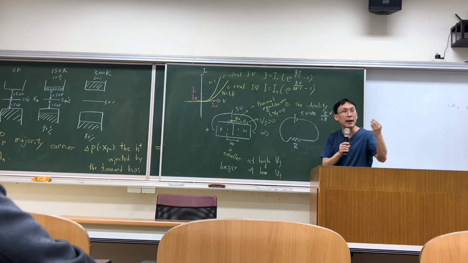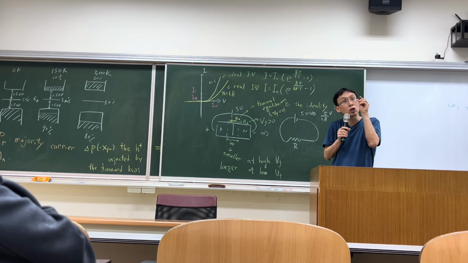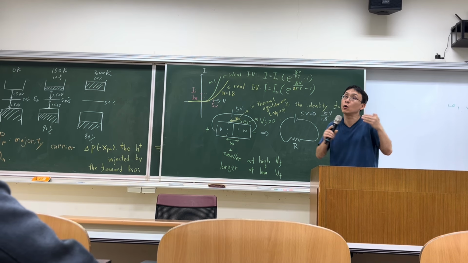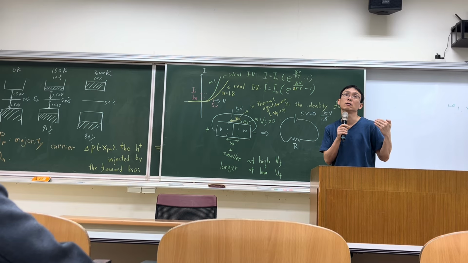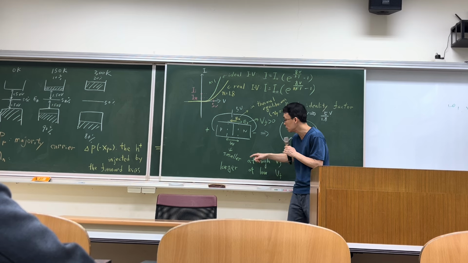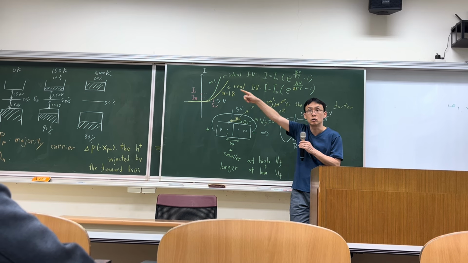When you have the bias in the forward direction, you are making the total internal electrical field smaller because you have a second electrical field in the opposite direction. So the sum of the two will become smaller than the original one. This will make the width smaller at high voltage.